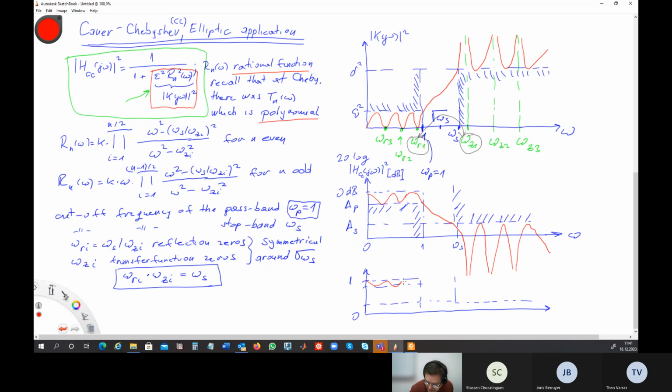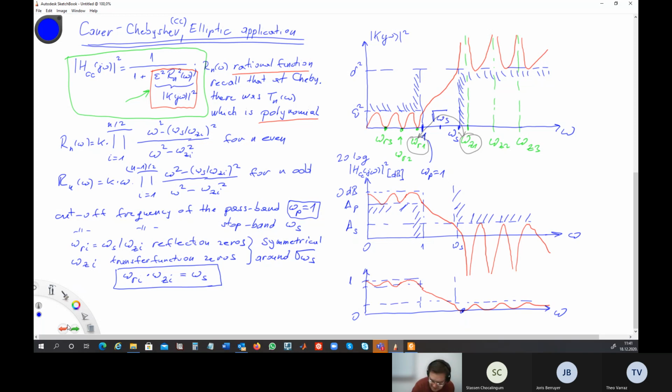So in the sense of gain from 0 to 1, it looks like this. So here are zeros.